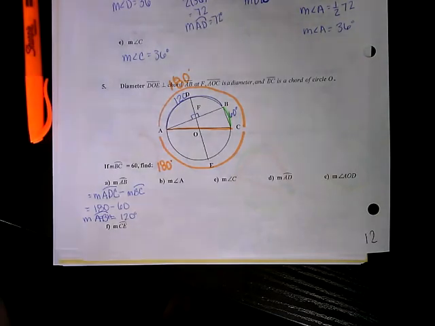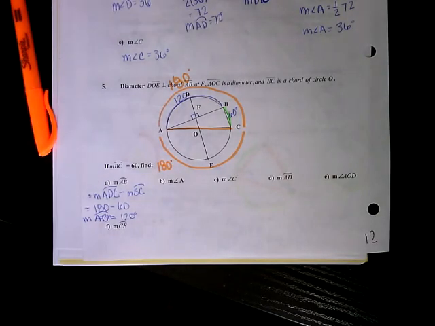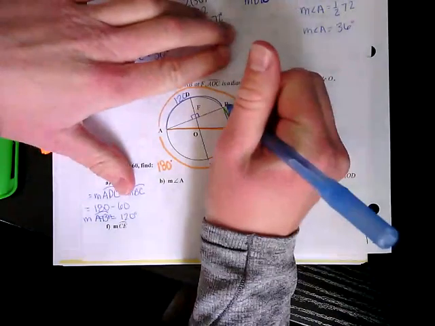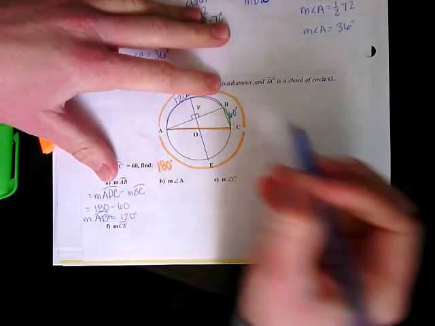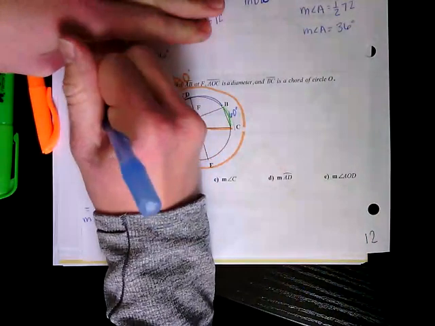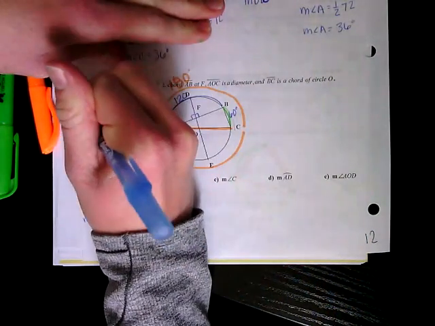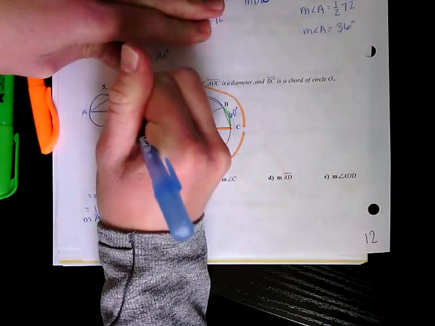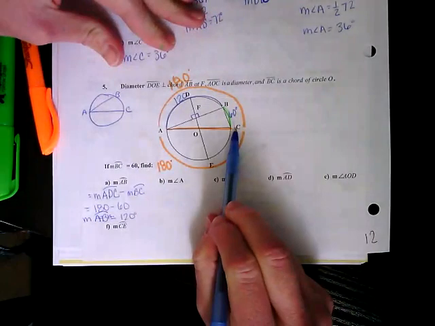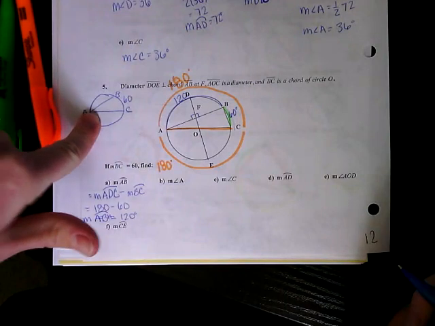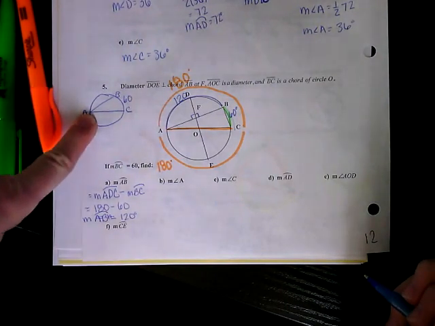Now, we want to find the measure of angle A. The measure of angle A intercepts arc BC. I'm going to redraw this so we can see it. We were told that arc BC is 60. Remember, inscribed angles are half their intercepted arc.